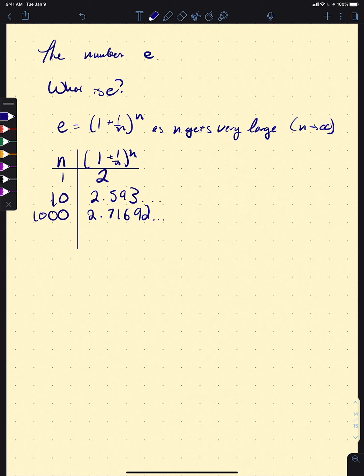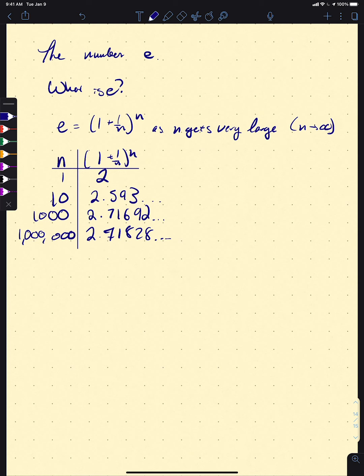What if we plug in something huge, like a million? If we do that, we're going to get about 2.71828 and on and on. And it turns out a million is actually enough to get us the first 6 digits.